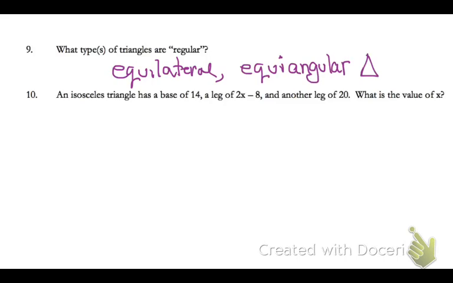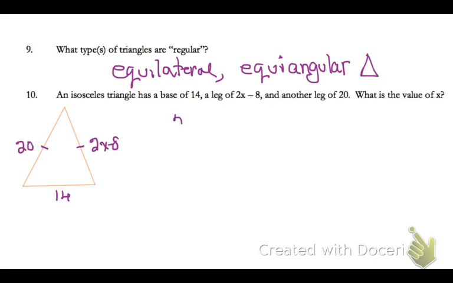Number 10, an isosceles triangle has a base of 14, a leg of 2x minus 8, and another leg of 20. What is the value of x? The thing I want you to do again is draw this. Now they said our base was 14, and it is an isosceles, so I know these two sides are congruent, and one of those is 2x minus 8, and the other is 20.